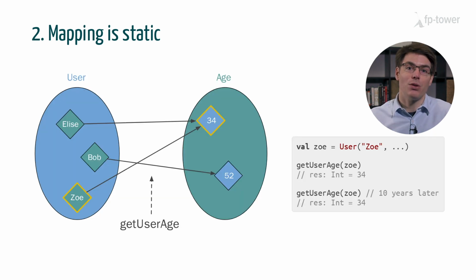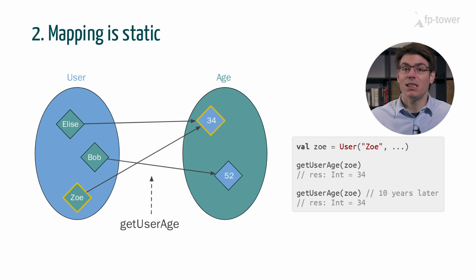Today Zoe is 34 years old, so the function returns the number 34. But because the mapping is immutable, getUserAge will also say that Zoe is 34 years old in 10 years' time. This may seem crazy, but we don't manipulate real objects in programming.